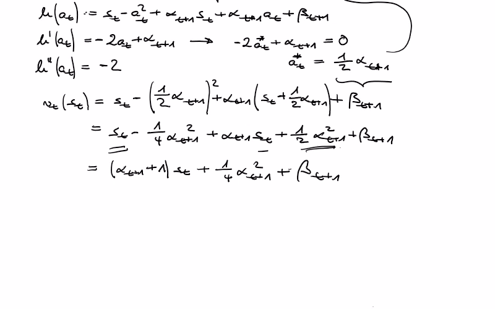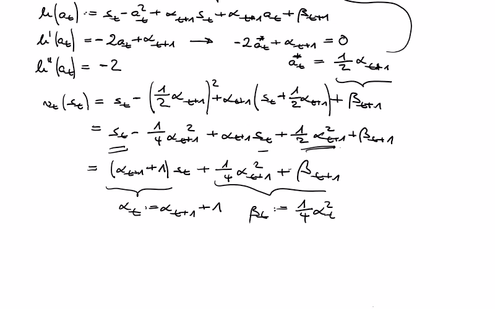And then if we now say, okay, we call this number given by alpha t plus 1 plus 1 alpha t, and we call this number beta t, which is then given by 1/4 alpha squared t plus 1 plus beta t plus 1, then we're actually done.